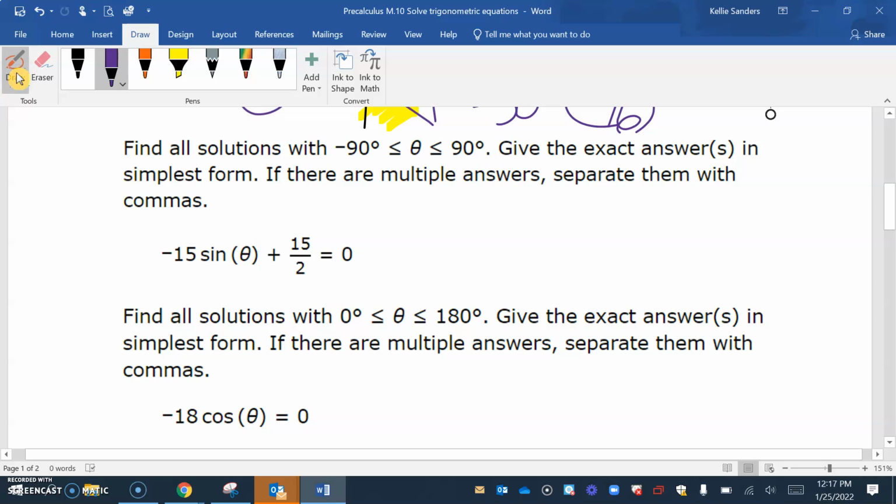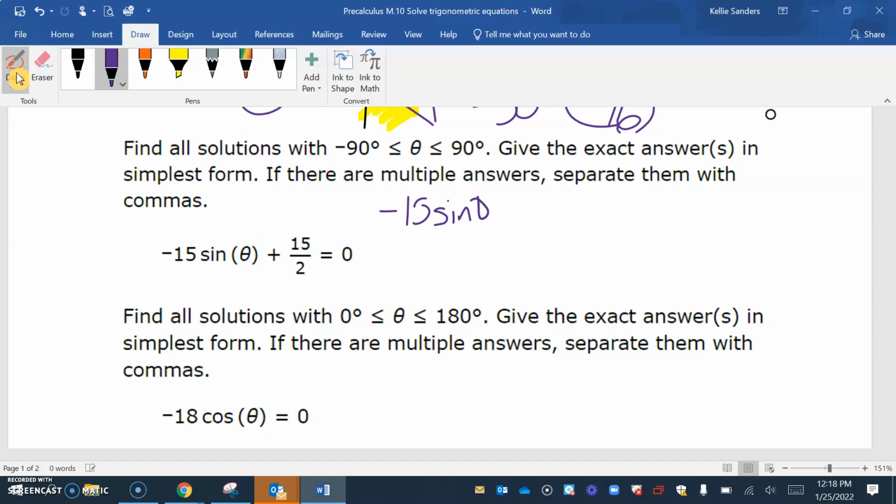And on this, just pretend or think of it as getting theta by itself. It actually is getting theta by itself. And so the first thing we're going to do is subtract the 15 over 2 and get -15 over 2. Then we're going to divide by -15, which is putting -15 on bottom.